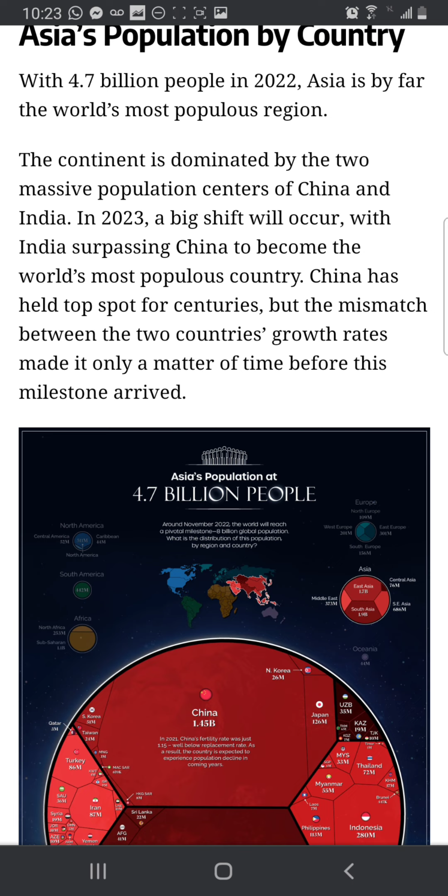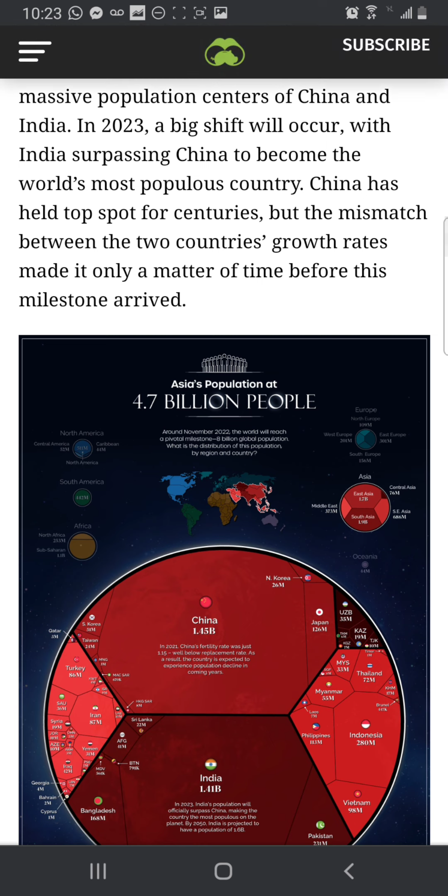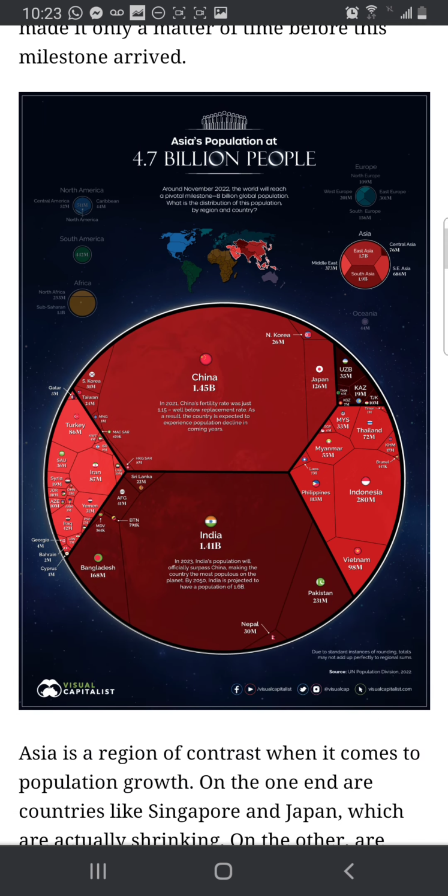In 2023, a big shift will occur, with India surpassing China to become the world's most populous country. China has held the top spot for centuries, but the mismatch between the two countries' growth rates made it only a matter of time before this milestone arrived.